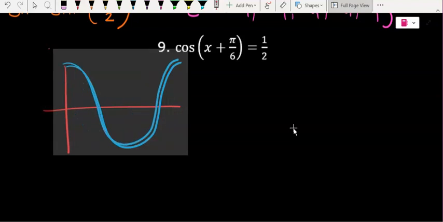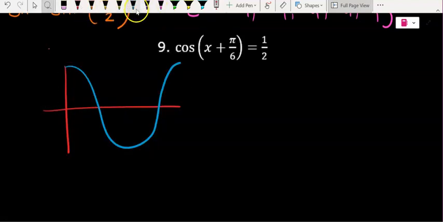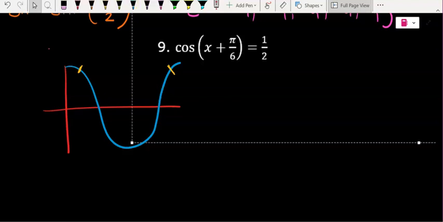Now, let's just pretend, I mean, this is not going to be true right this second because I don't have everything solved out, but let's say here and here were my two solutions between 0 and 2 pi in my original graph. But instead, it's been shifted to the left by pi over 6.